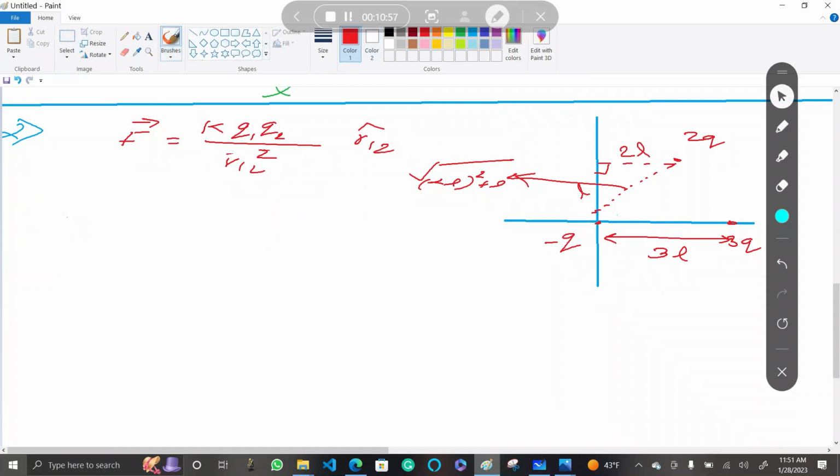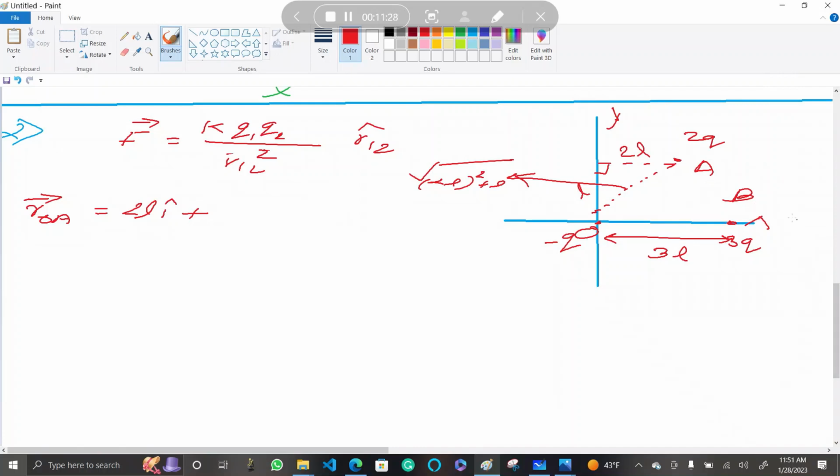This I give origin O, this is point A and this is point B. Then I write the position vector of the destination point from O to that point as L, 2L: suppose this is the x-axis and that is the y-axis, so 2L i vector plus L j vector.